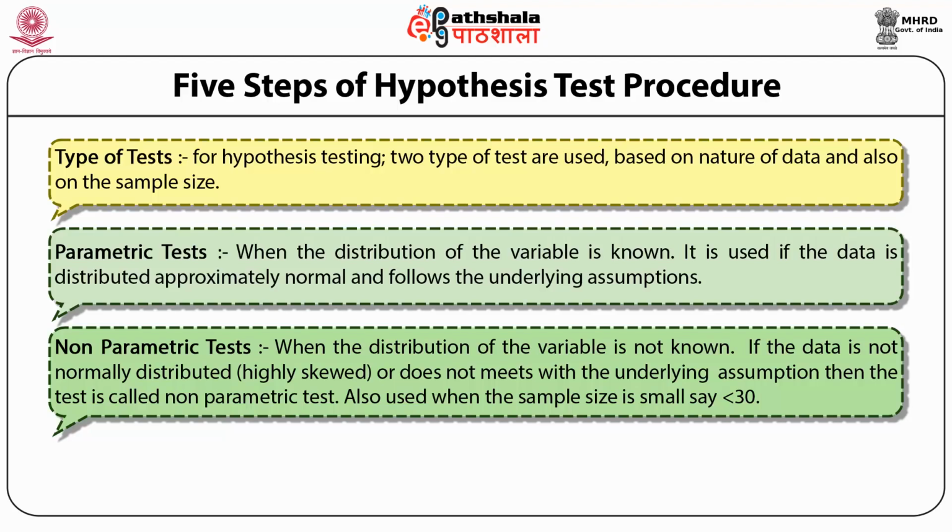It is also known as a distribution-free test, and when the sample size is very small, say less than 30, we need to apply a non-parametric test. Non-parametric tests are Wilcoxon, Mann-Whitney test, Kruskal-Wallis test, or Friedman test. These are called non-parametric tests.